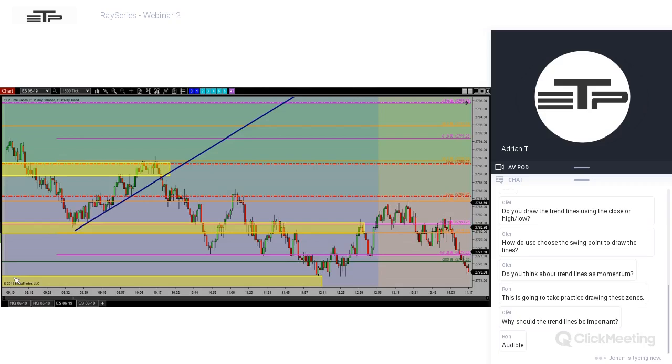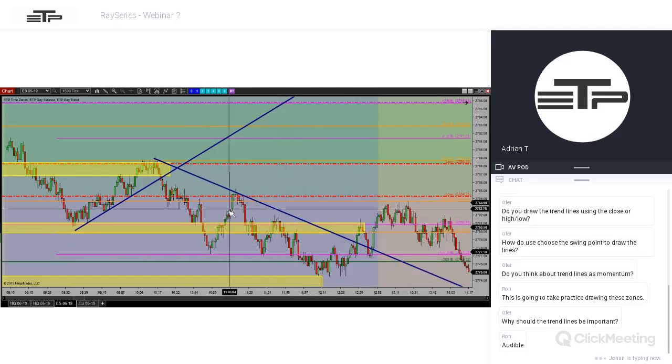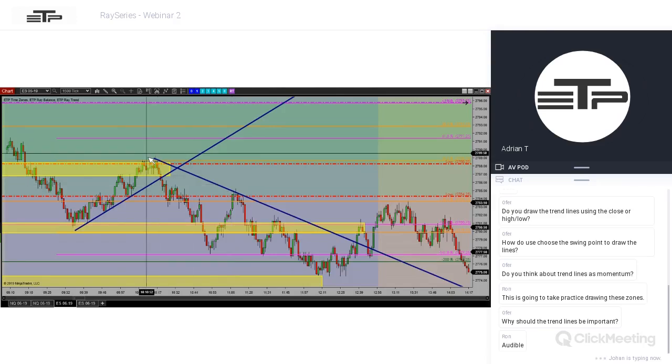The trend lines are important because we use them as a support and a resistance level, but this is what the market is actually telling you, that it's going in one direction.